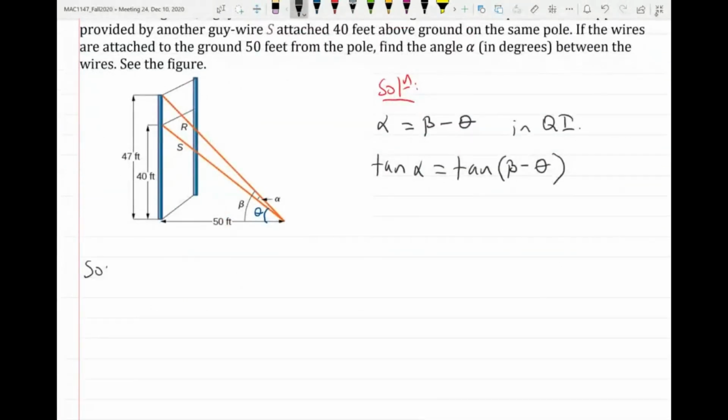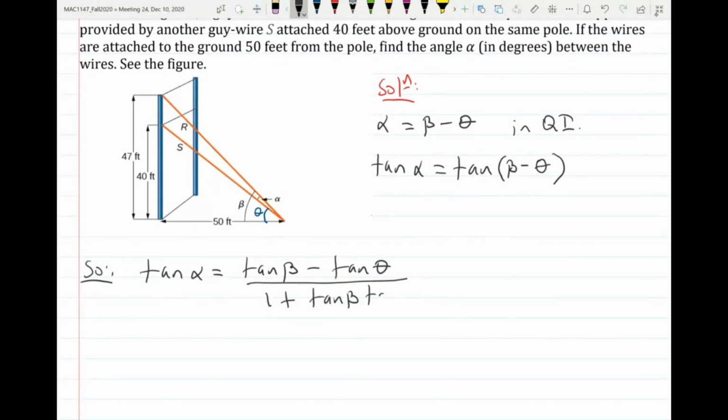So tangent of alpha is tangent of beta minus theta. I'm going to use the formula: tangent of beta minus tangent of theta over 1 plus tangent of beta times tangent of theta. This is using the formula that we saw earlier.